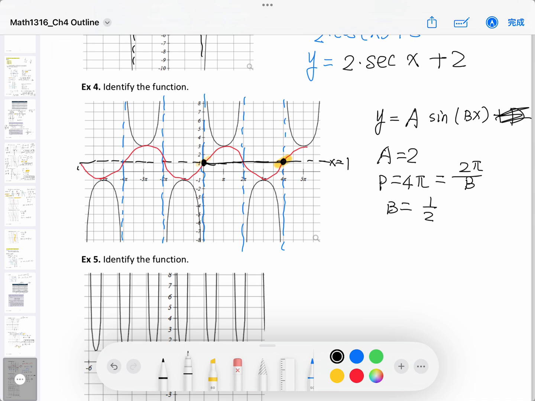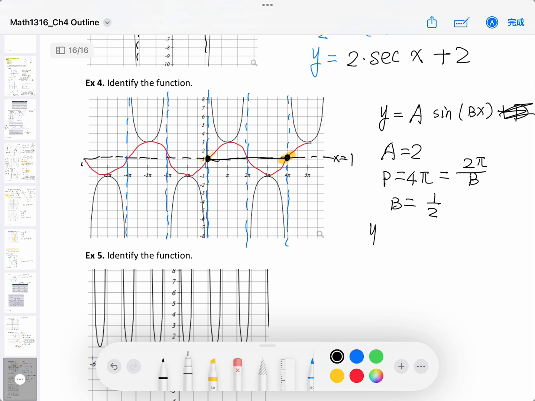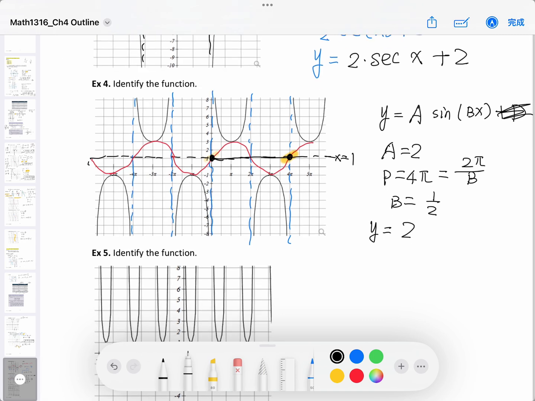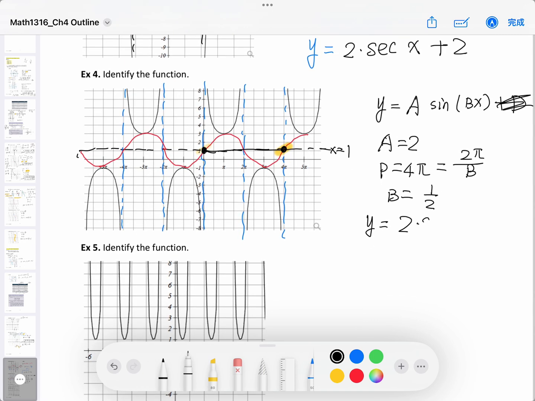So we can solve for the b. We're using 2 pi over 4 pi is 1/2. We found all of the a and b's value. So y is equal to, a is equal to 2, 2 times sine 1/2 x. We're looking for its reciprocal, which is 2 times cosecant 1/2 x. Okay.